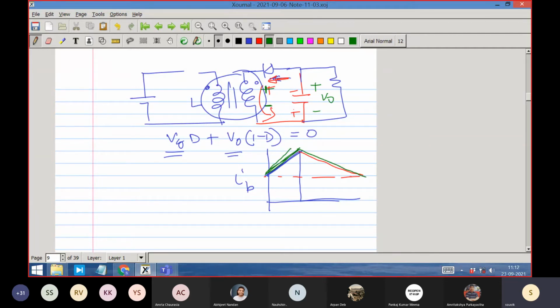But one part you have given, that's why the current can immediately jump, because MMF balance is happening. So this is the conventional old buck boost, but this time IP is the blue one, and the red one is the secondary current, IS.